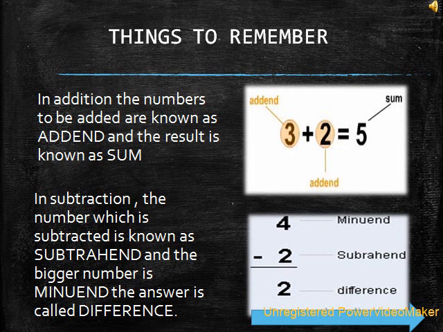Whereas in subtraction, the number which is above or the bigger number is minuend, and the number which is to be subtracted is subtrahend. The answer will be known as difference.